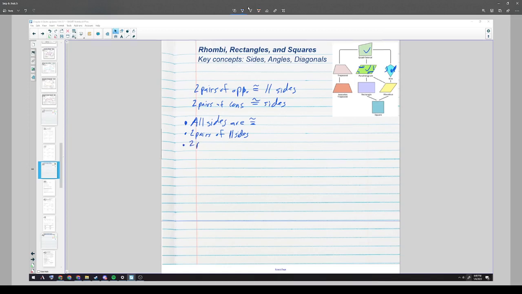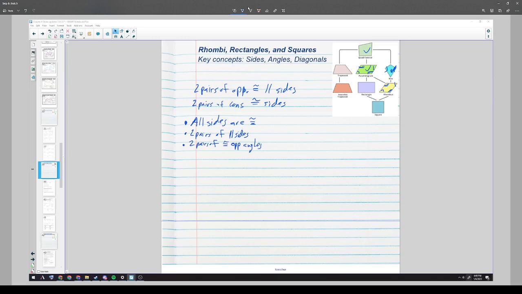We have two pairs of congruent opposite angles. So our opposite angles are congruent, but they're not all the same as each other. Just like a parallelogram, we have some acute angles here and some obtuse angles here, but we know that those are the same.